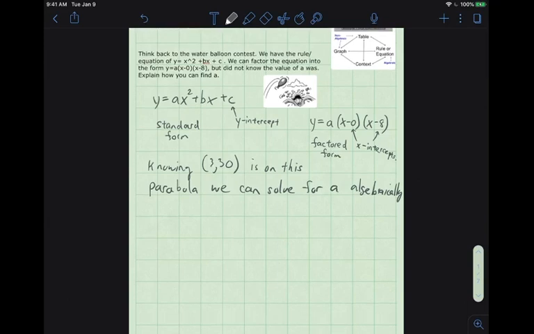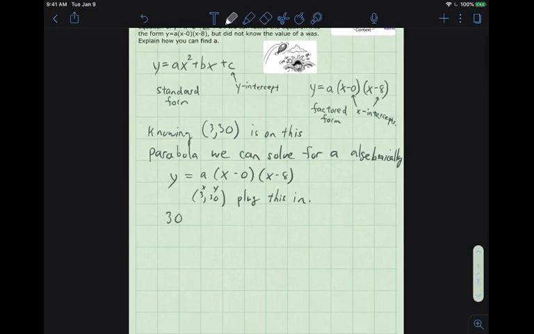So as we write, using factored form, y equals a times x minus 0, x minus 8, 3, 30, that's your x and y value. Plug this in. So 30 equals a times 3 minus 0, 3 minus 8.